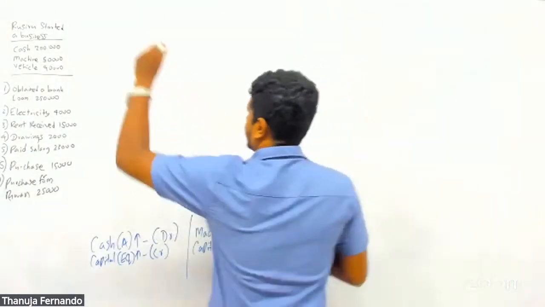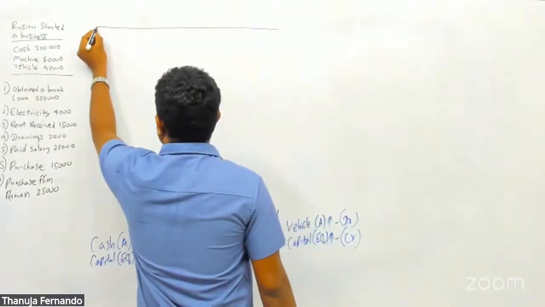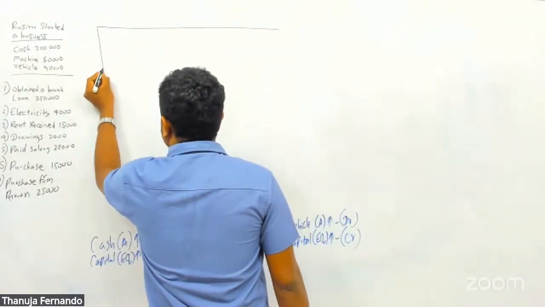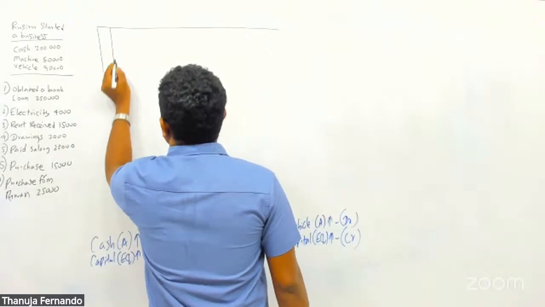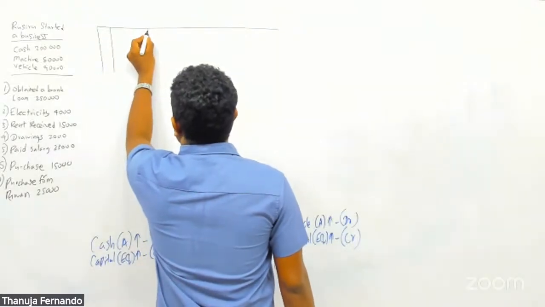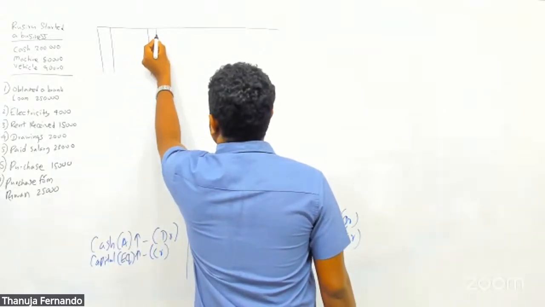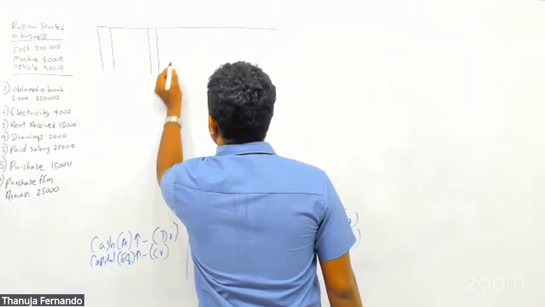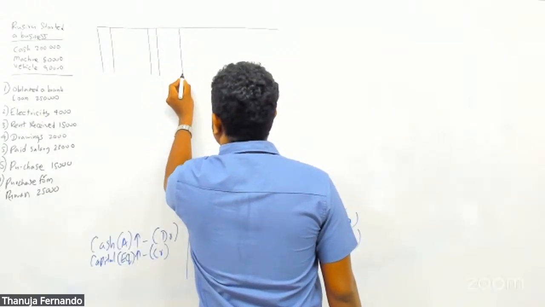First one, let's see. Date, description, ledger folio, value. This is the format of an account. Date, description, ledger folio, value.